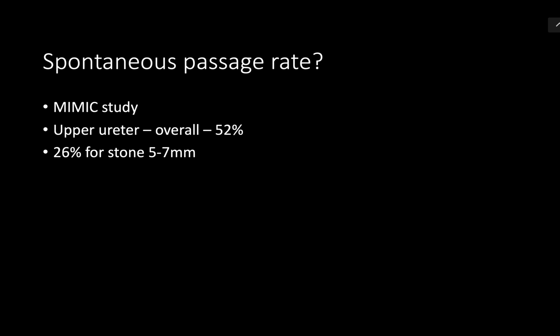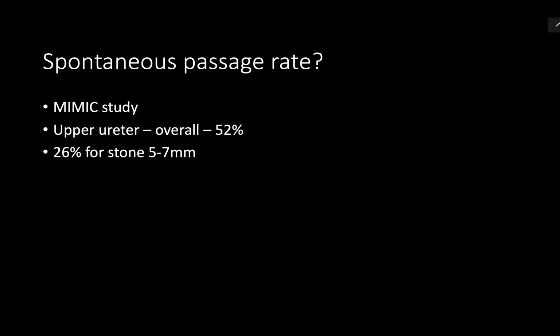So my thoughts are that this patient could be managed conservatively. However, with her stone being in the size and location that it is, the likelihood of it passing out, according to figures from the MIMIC study, would be only 26%.